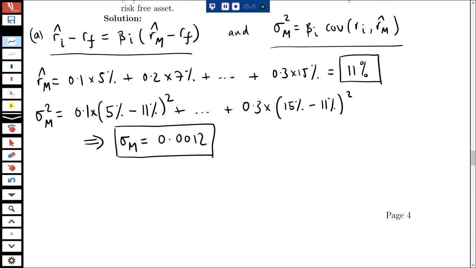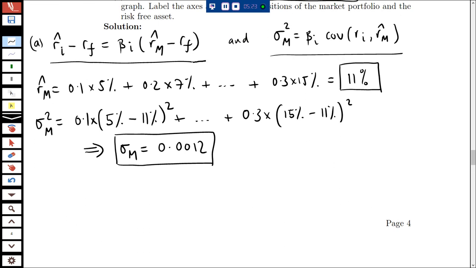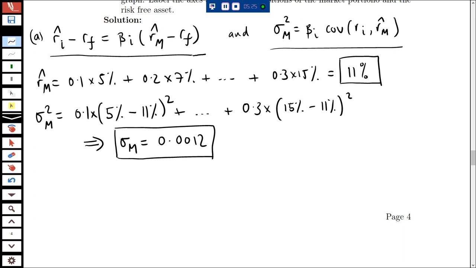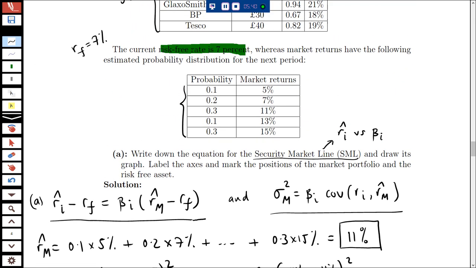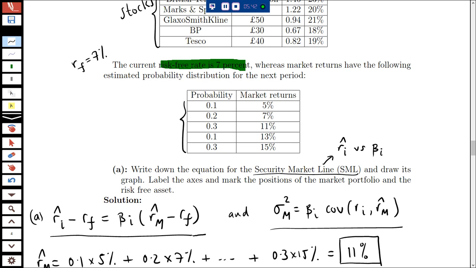Okay, and we got the equation just by here. So drop all those numbers in. We get the expected return on asset I. Okay, take the RF over, which I believe was 7%.